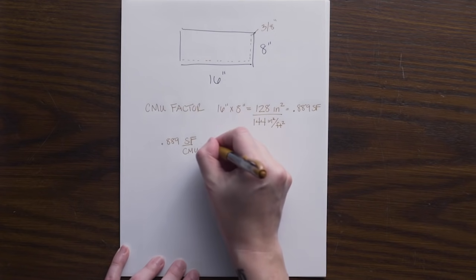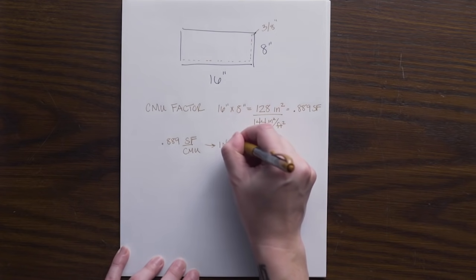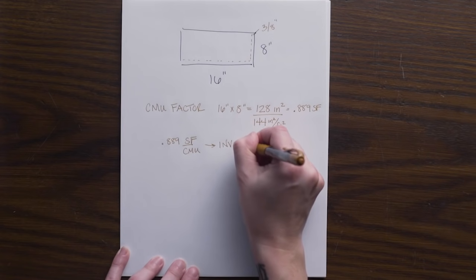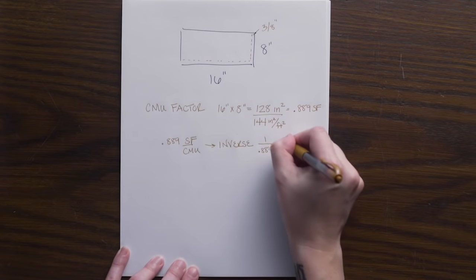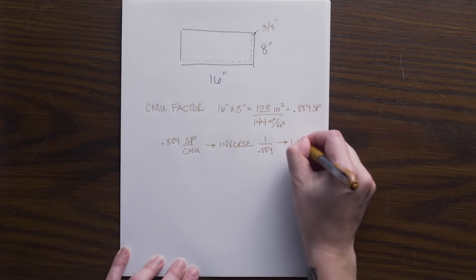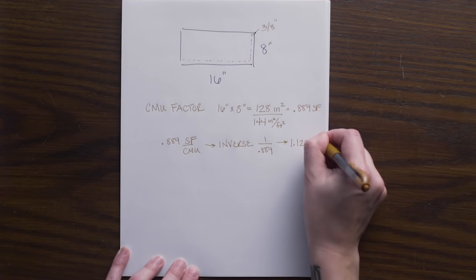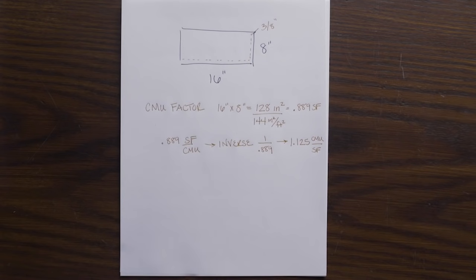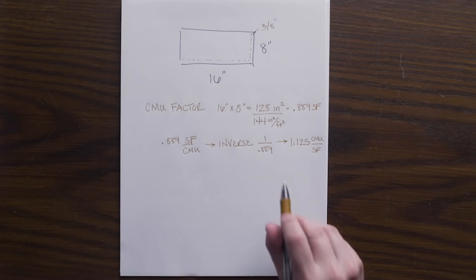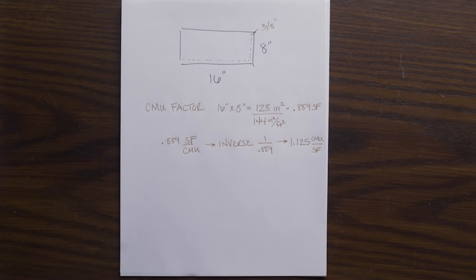If we inverse this value, so to inverse, we simply take 1 divided by our 0.8 repeating, and we will come up with exactly 1.125 CMU per square foot. We can easily then convert any square footage that we calculate for any wall into a count for our CMU block by multiplying by this 1.125 CMU per square foot. As long as we have a standard block, this will apply.